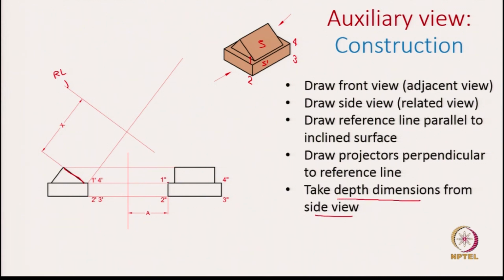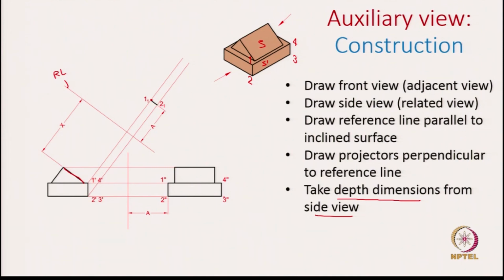So, let us say this point 1 is at a distance of a from the reference line. We will use the same distance a from the reference line to specify this point 1. Similarly, for point 2 is also at a distance of a, that is what we have captured, and join these points 1 and 2 in the auxiliary view.